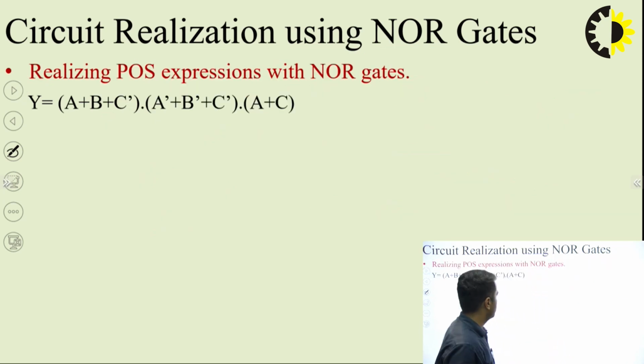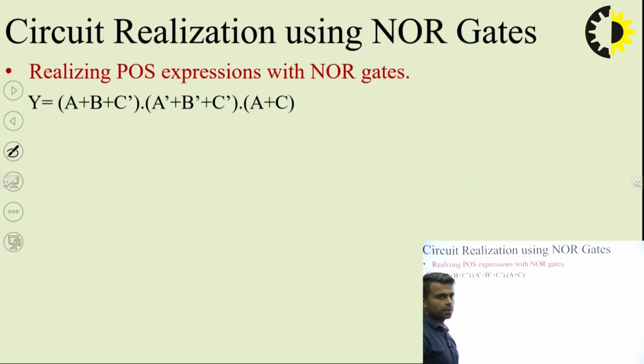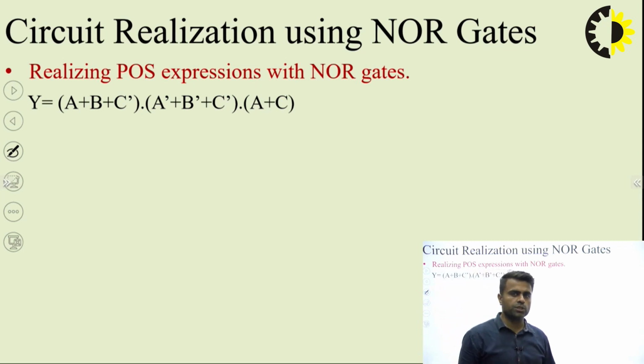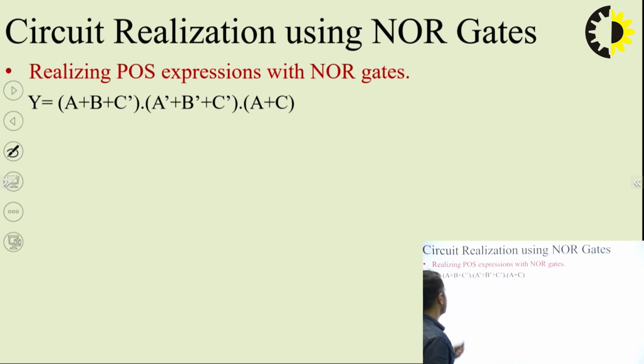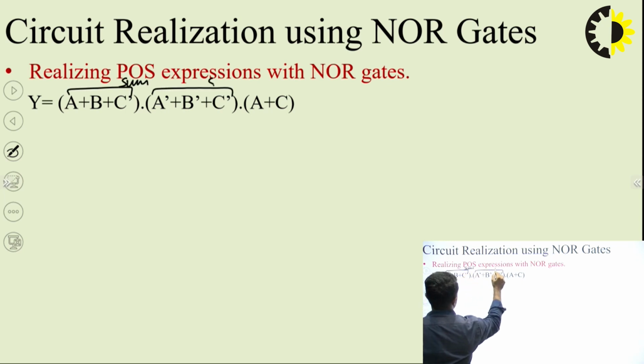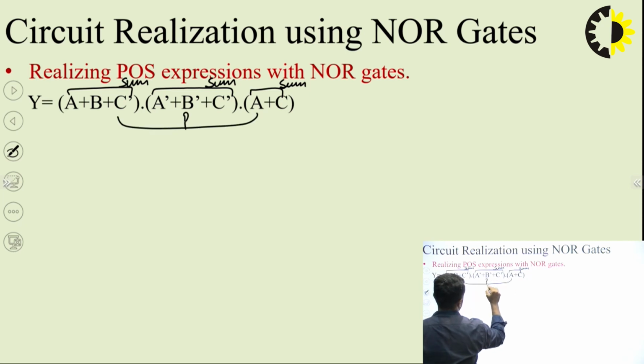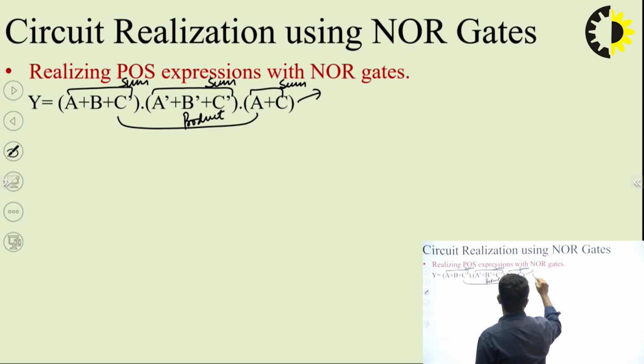So let's take a simpler expression, a sample expression for POS. So we can check here that there is a sum. This is a sum, another sum, another sum, and all these sums are multiplied, product. This is a POS type expression. Okay.